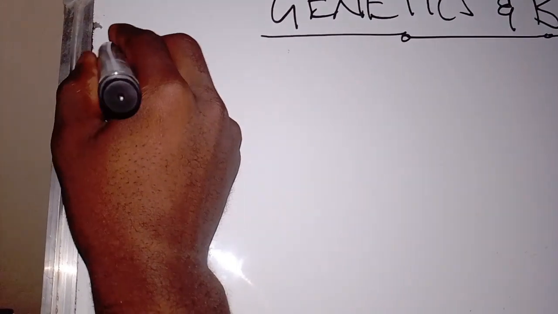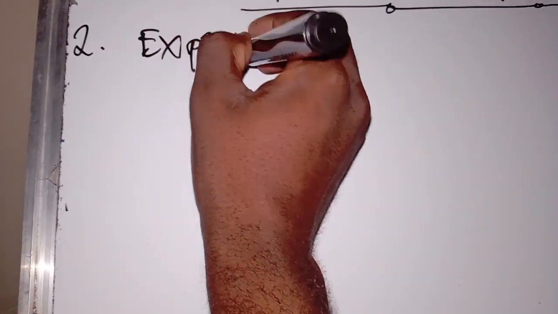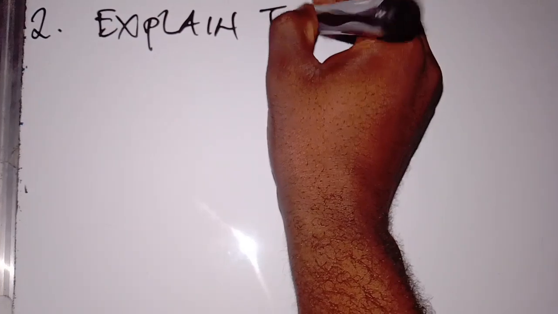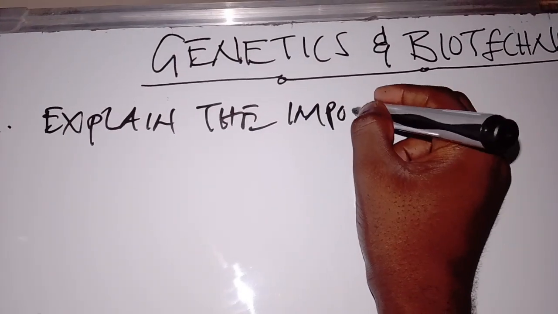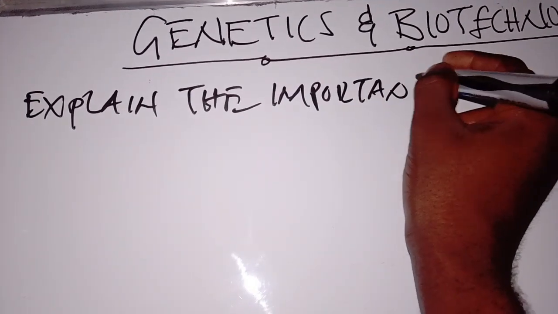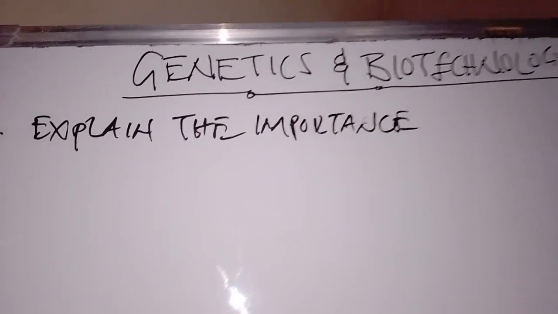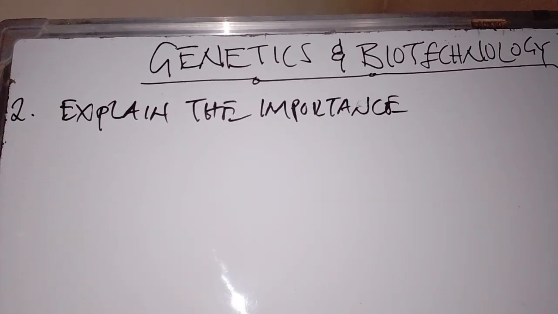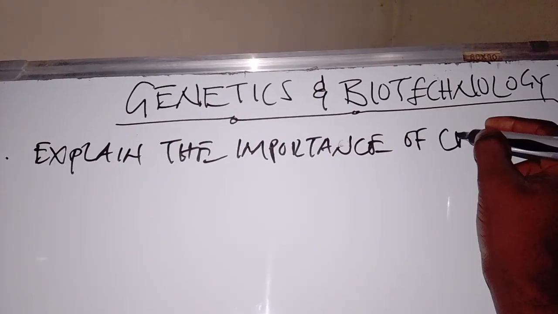You should be able to explain. Number 2 is explain the importance. When you are preparing for genetics, you should be able to explain the importance of chromosomes.